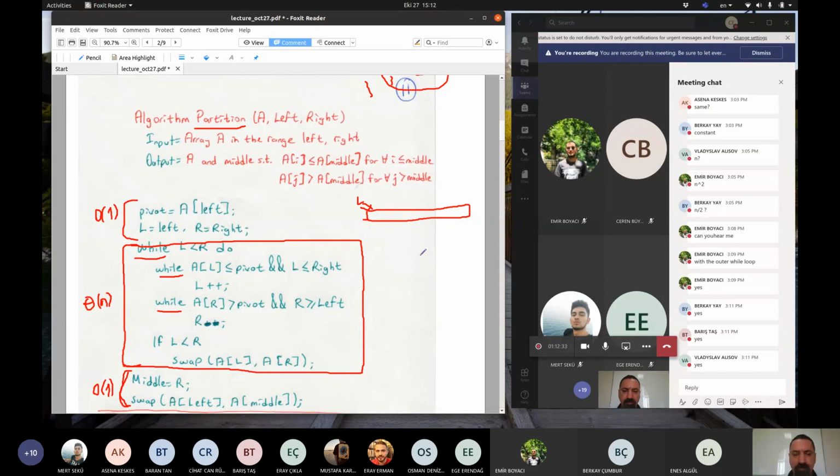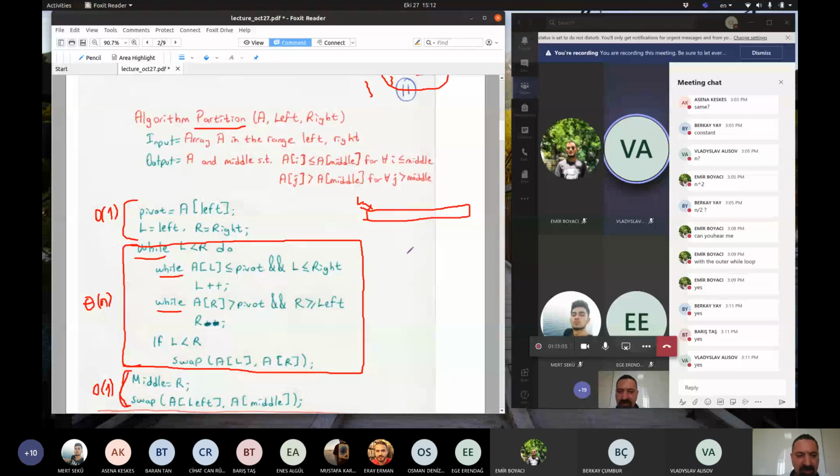I guess because we are going through the array one time, and sometimes we stop to swap. Swap is constant. Constant, it is constant, yes. The while loop is n, and the inner while loop is also constant, I guess, I just guess.